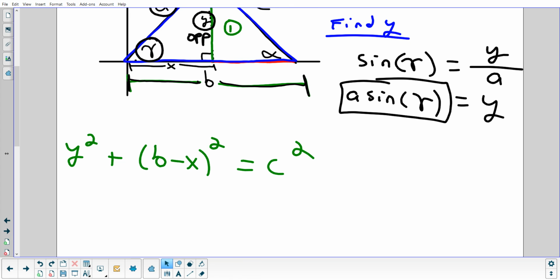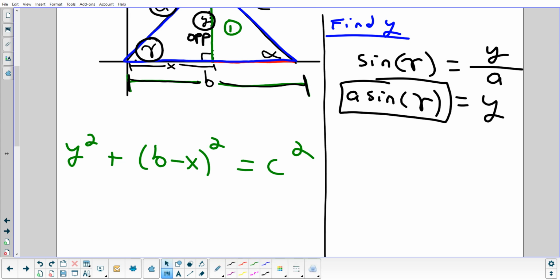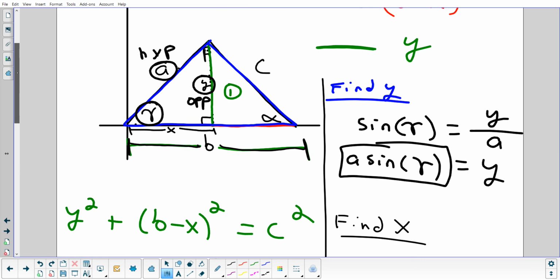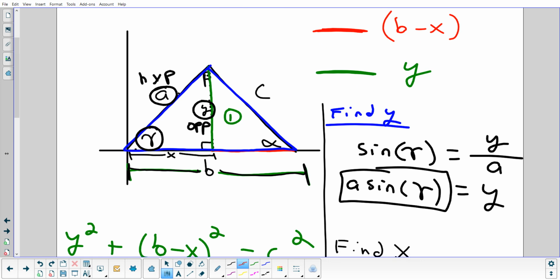All right, so we've found y. Now find x. Let me use a different color. You're going to use this, this, and that. A is still the hypotenuse, no change there. Gamma is still our reference point.